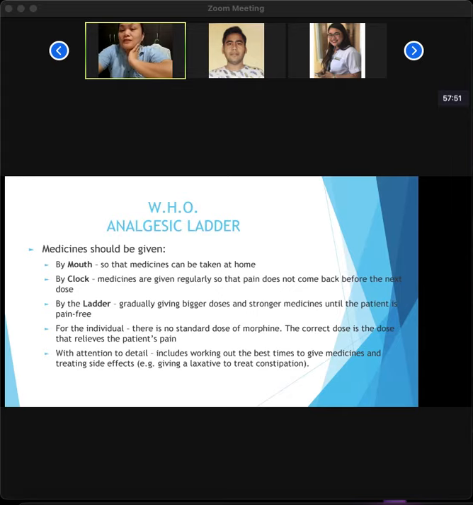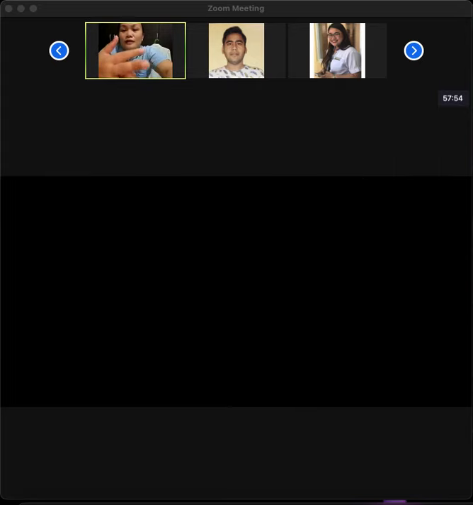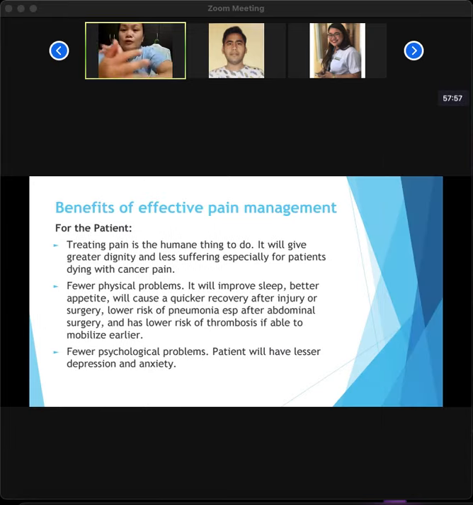So what are the benefits of effective pain management? The benefit for your patient is that it is a humane thing to do. Even if you've said that the patient will die in 2 days, don't withhold pain relief. You should remember to be passionate and give your best to your patient, even if the patient is dying.